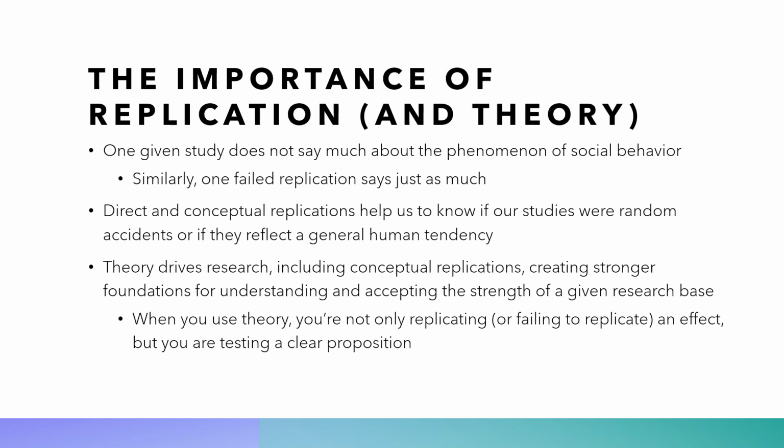Our studies, especially our more fantastical ones, need to be replicated. They need to be replicated directly, which means everything about the original study is done over again, and they need to be replicated conceptually. And so this means that the original study isn't done in the exact way, but something that gets at the same concepts is.